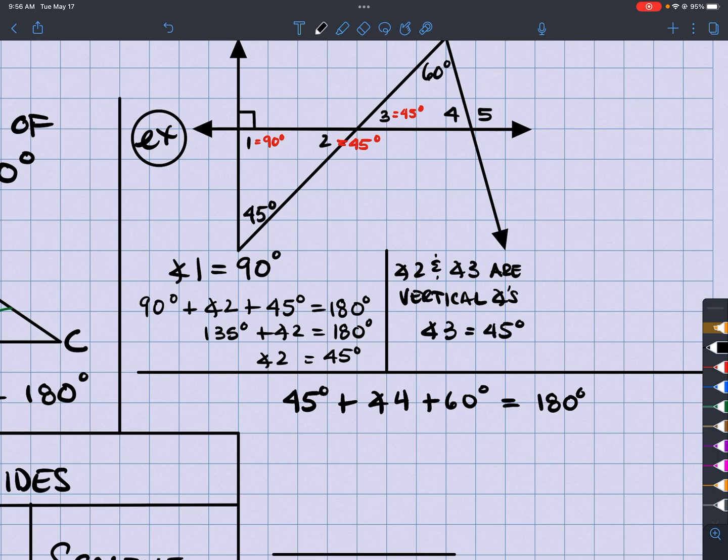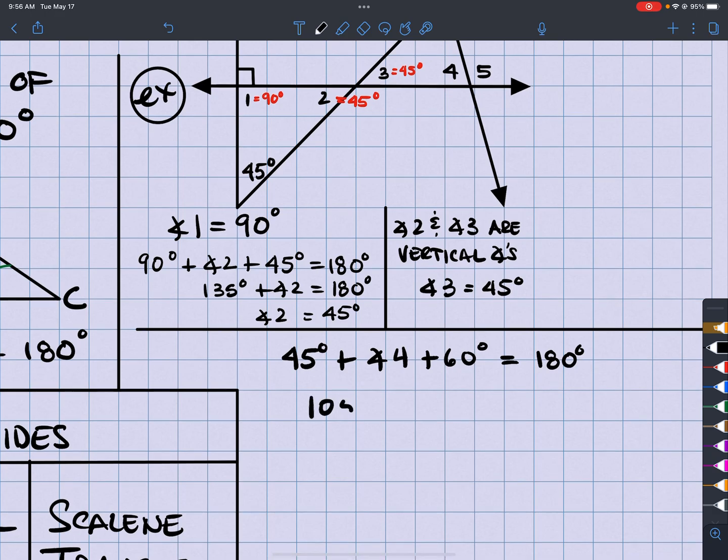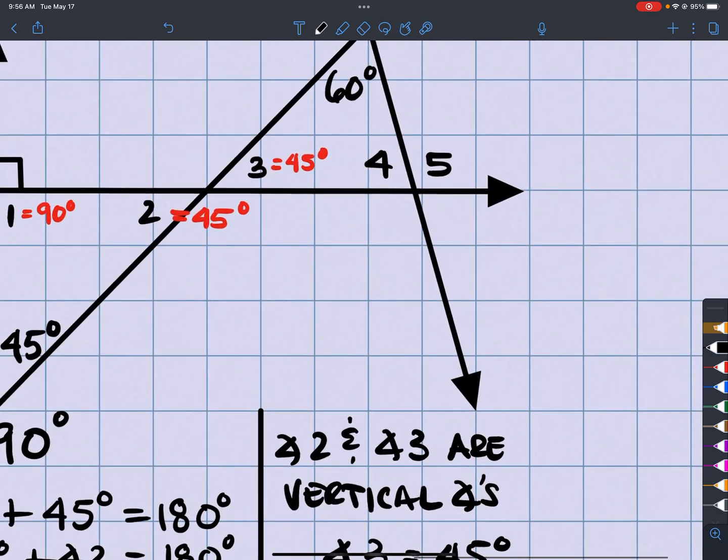Because it's a triangle. So if we were to do this, we have 105 degrees plus angle 4 is equal to 180. So angle 4 is equal to what? 75 degrees.